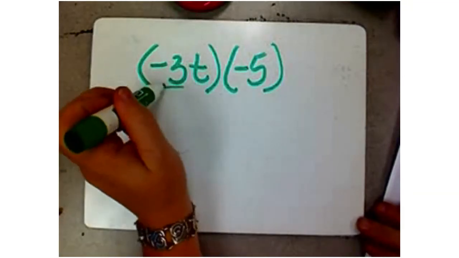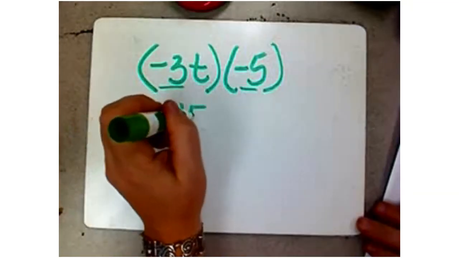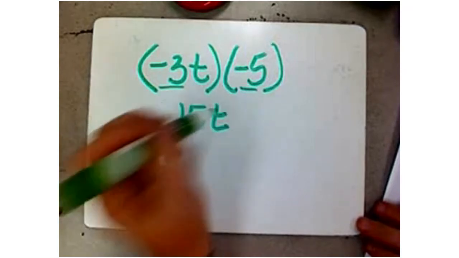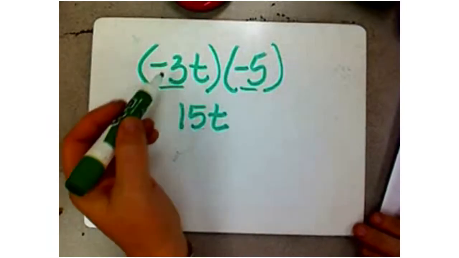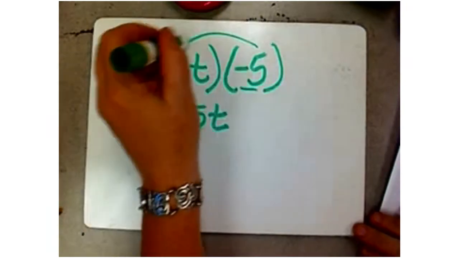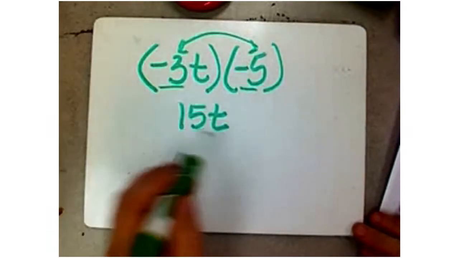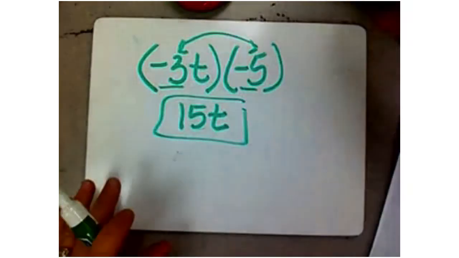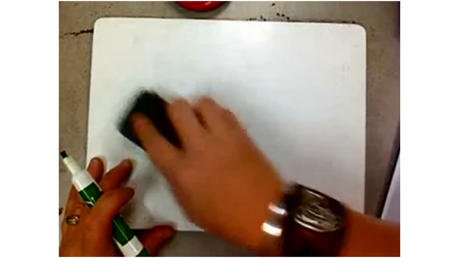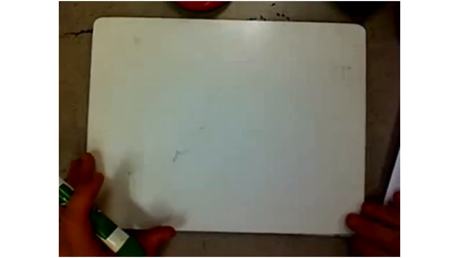So what is negative 3 times negative 5? Positive 15. And so we have positive 15t. We can multiply the 3 times the 5 because we can multiply in any order, and then we're left with multiplying times the t to get positive 15t. So we're simplifying these expressions. It's much easier to look at 15t than negative 3t times negative 5.